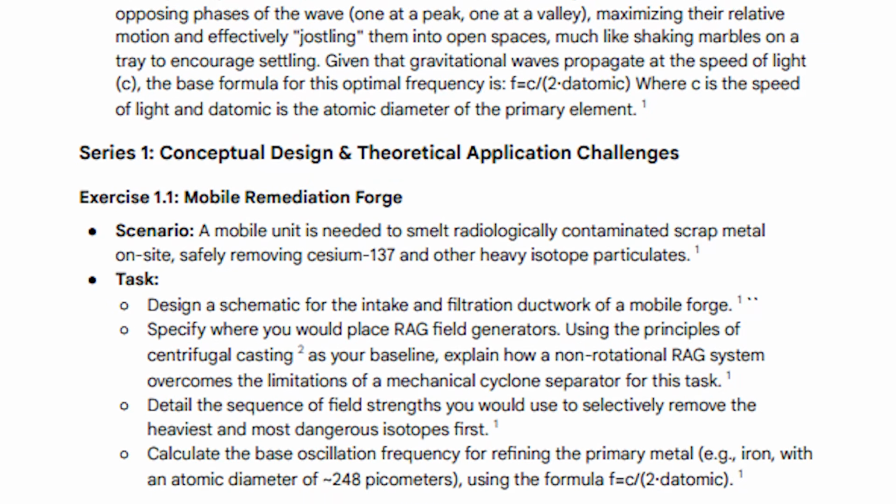This ensures that adjacent atoms experience opposing phases of the wave, one at a peak, one at a valley, maximizing their relative motion and effectively jostling them into open spaces, much like shaking marbles on a tray to encourage settling. Given that gravitational waves propagate at the speed of light, c, the base formula for this optimal frequency is F equals c divided by 2 times d_atomic, where c is the speed of light and d_atomic is the atomic diameter of the primary element.